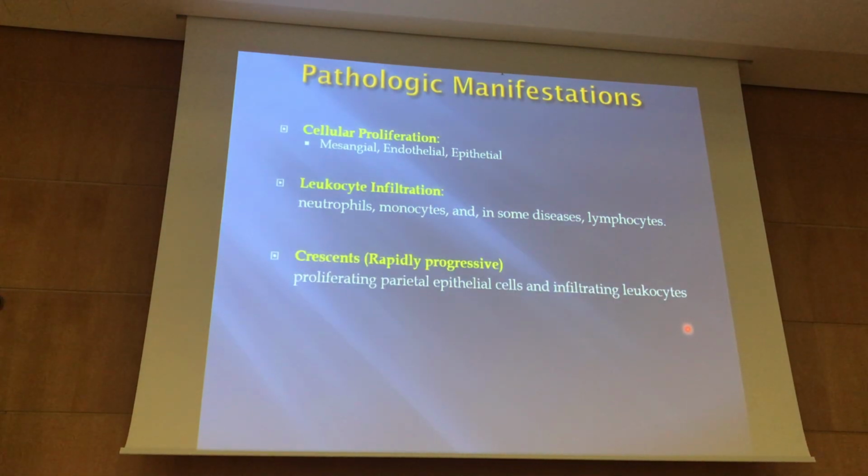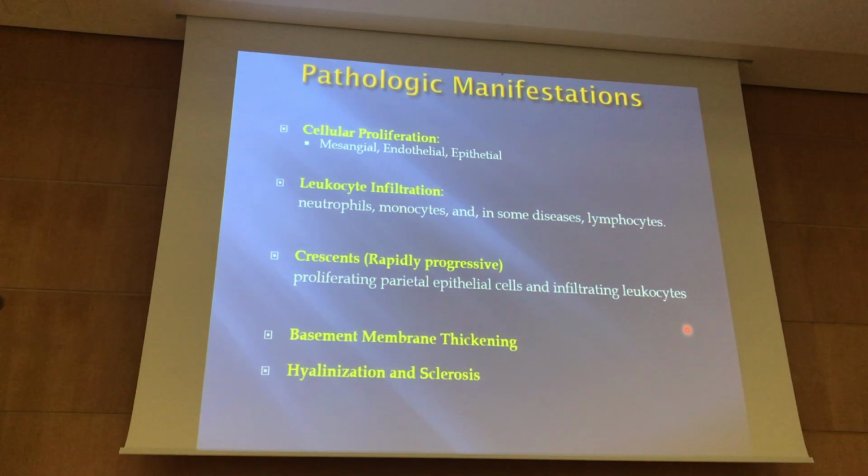Then crescent formation, as in rapidly progressive, in which you have parietal epithelial proliferation, which is not seen in the first one, right? So whenever we talk about rapidly progressive or crescent formation, the first thing that should come into your mind is that the parietal cell is being proliferated.